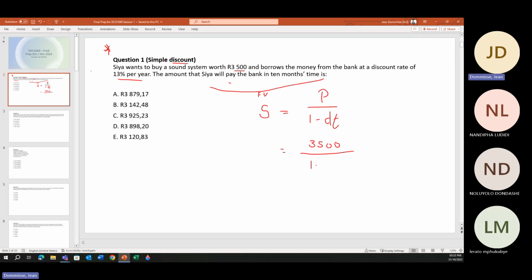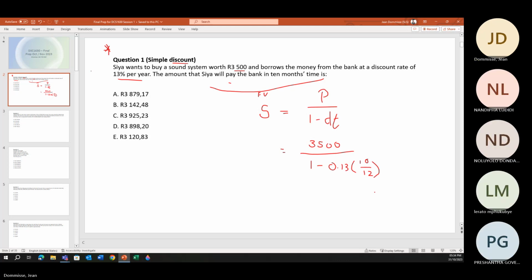Then we make sure that we include all the detail. So the interest is 13% a year, and the amount Sia will pay back in 10 months' time. Remember, the time period is 10 over 12 because it's 10 months of a year. Okay, so that will influence your calculation.